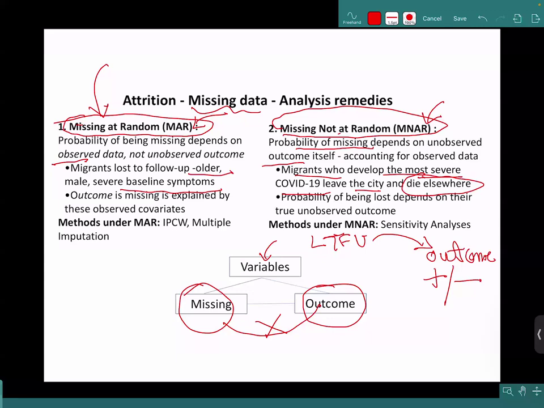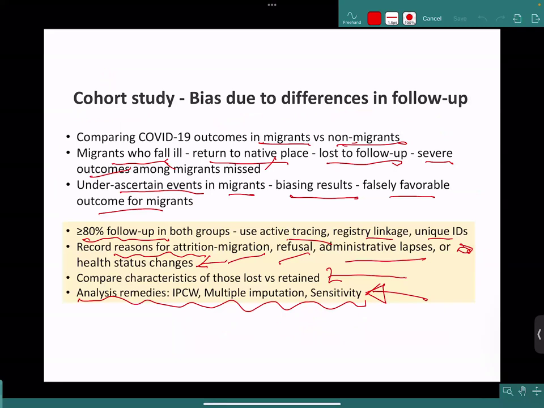If you are asked a question on missing data or loss to follow up, these are a few concepts which you can discuss. In the previous slide, I told you that you should know the reasons for attrition. Now, to decide whether it is missing at random or missing not at random, these reasons help you decide which of the two is happening.